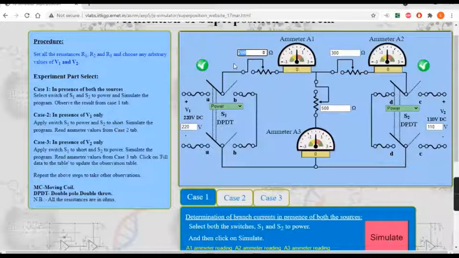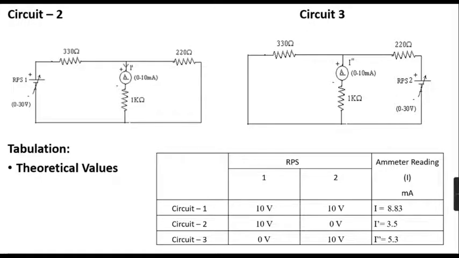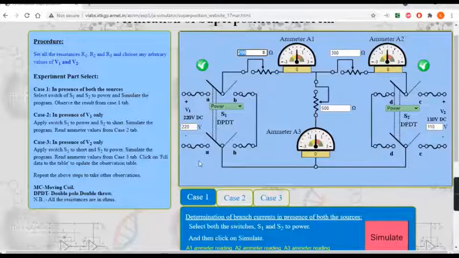This is the case. We will set up the same values: 330 ohms, 220 ohms and 1 kilo ohm, and both the RPS will have 10 volts. So we set this RPS to 10 volt, and this RPS is also 10 volt.